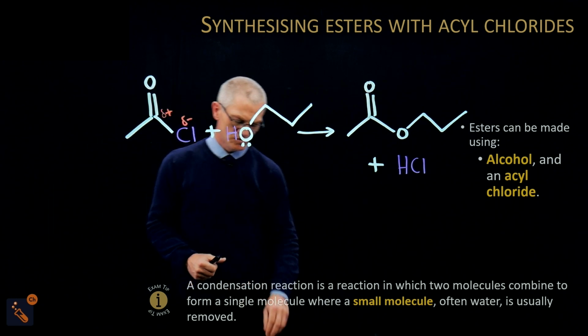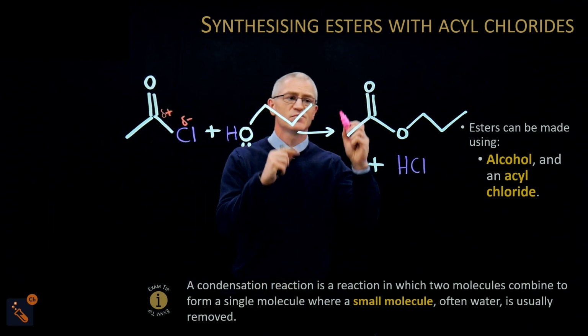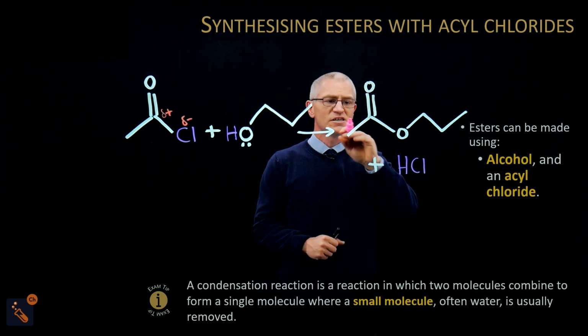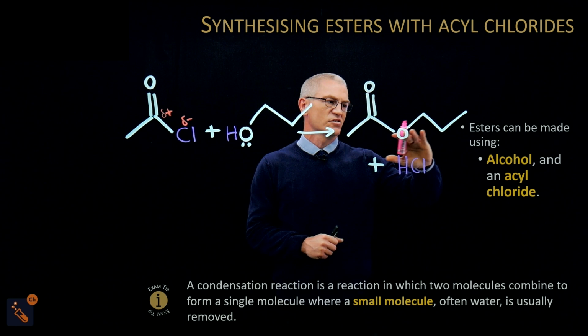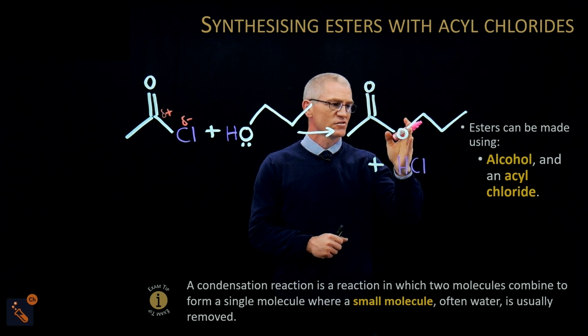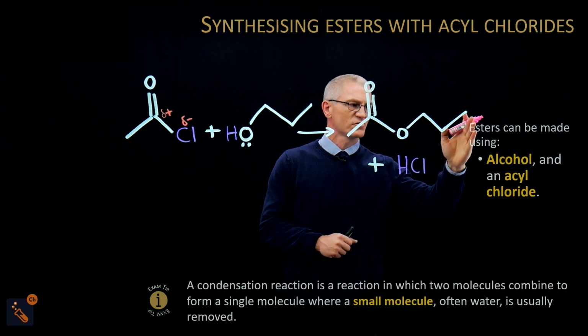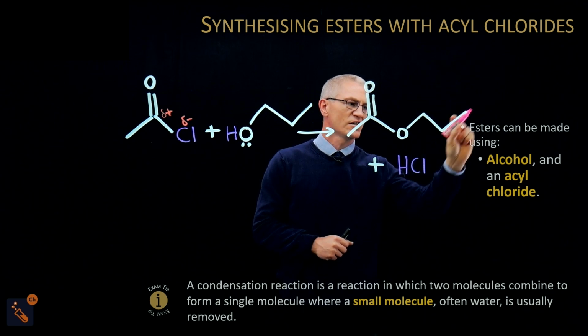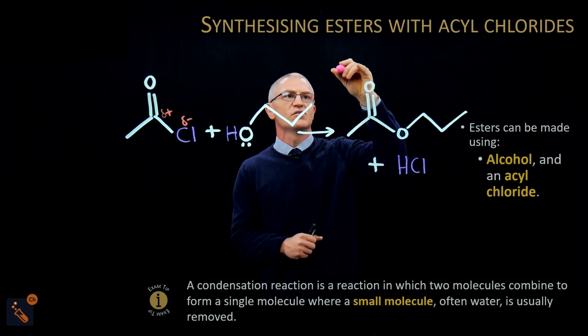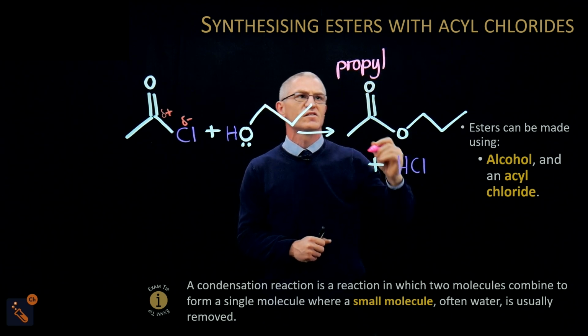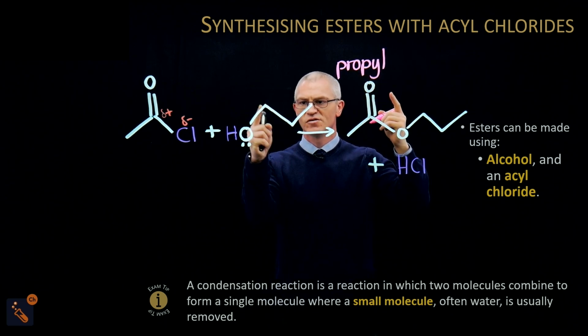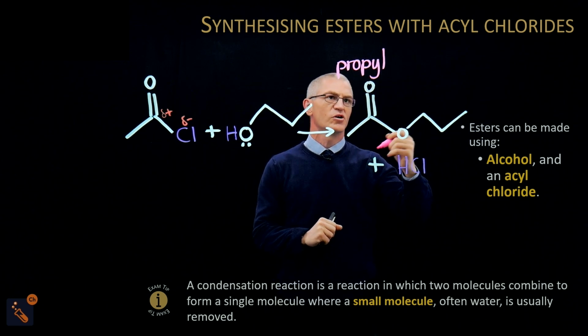Now, just to show you some different namings as well, let's name this. If we look at this, we're naming our ester. The first thing we need to do is decide what the prefix is. So we do it a slightly different way this time. The prefix comes from the alcohol, prop, so that would be propyl. That comes from our alcohol, propan-1-ol, propyl.